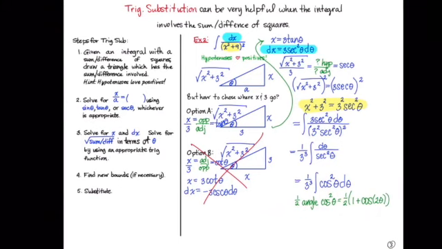So subbing that into our integral, we have 1/3 cubed times the integral of 1/2 times 1 plus cosine 2 theta d theta. And we are finally ready to integrate this.